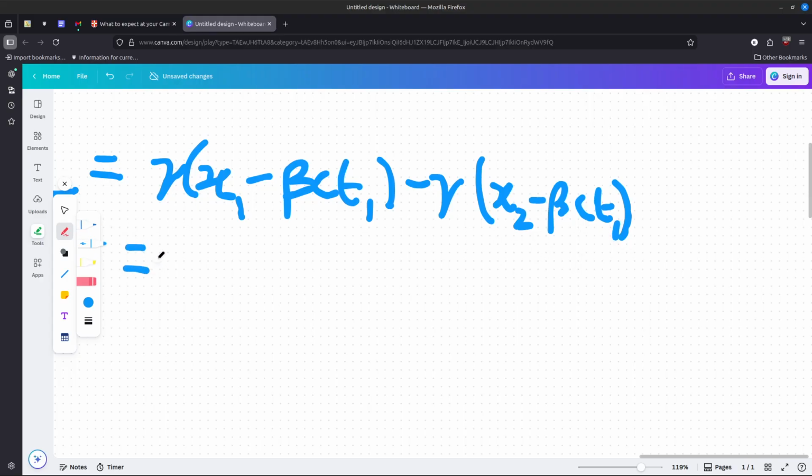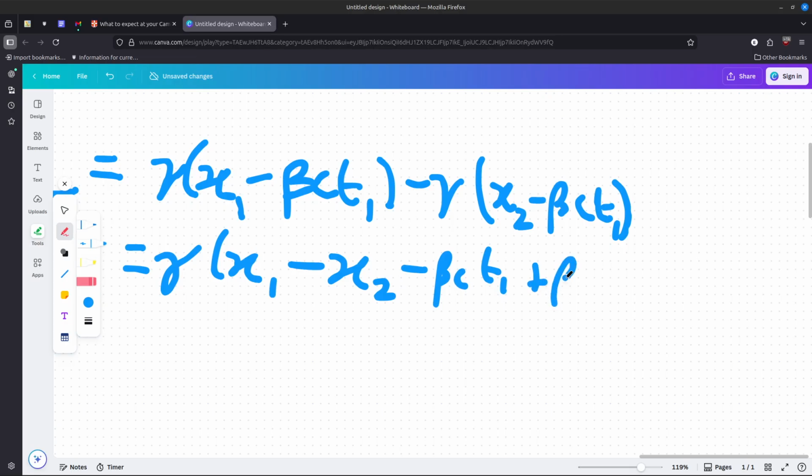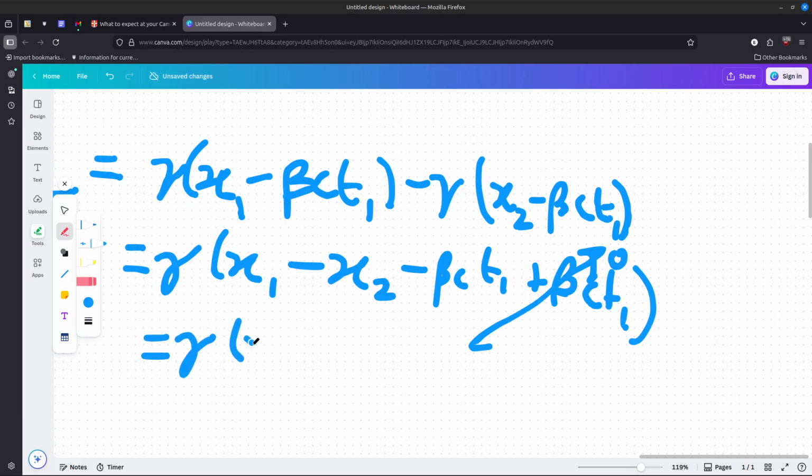So this is going to factor out the gamma times x1 minus x2, minus beta ct1 plus beta ct1. Those disappear and we end up with gamma times x1 minus x2.